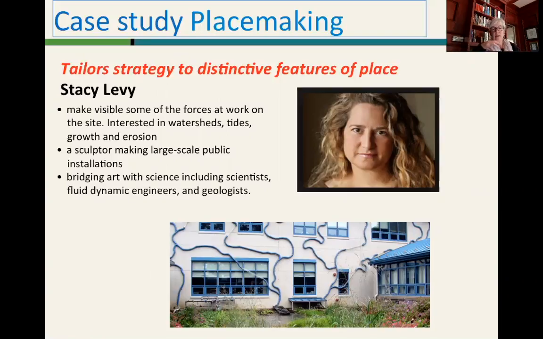And really that connectivity between those things. And then, of course, the water's not going into the storm sewer, but it's actually going in to feed the rain garden and the plants that are on the site.